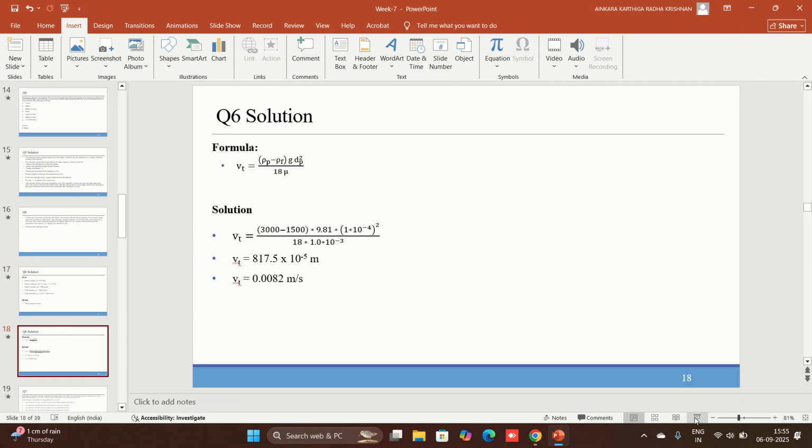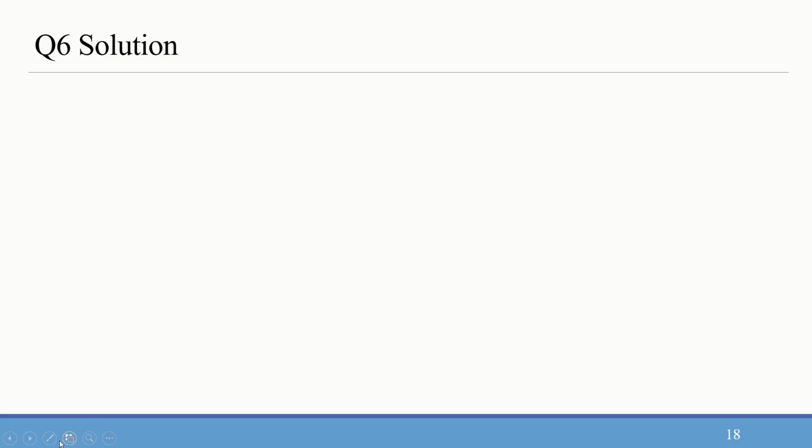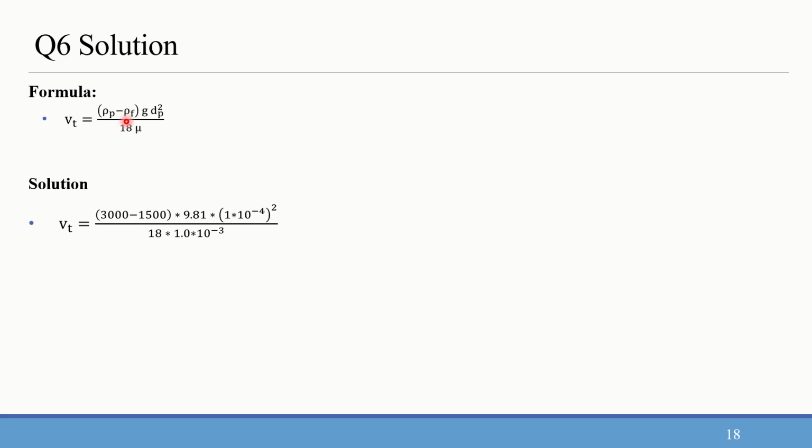Now we'll use the formula Vt is equal to (rho p minus rho f) into g into dp square by 18 mu, so it is (3000 minus 1500) into 9.81 into (1 into 10 power minus 4) the square, divided by 18 into 1 into 10 power minus 3.